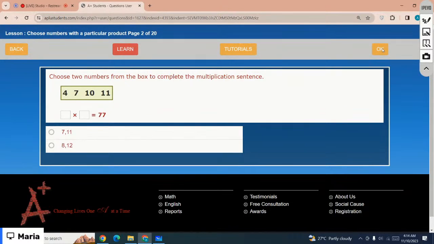Very good. 11 times 7 makes 77. The correct option is 11 times 7.